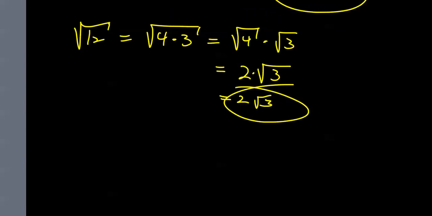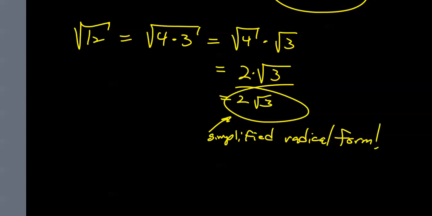This is what I call simplified radical form or simplified root form. Basically that means you've taken out everything from under the root sign that you can, according to my rules for roots.